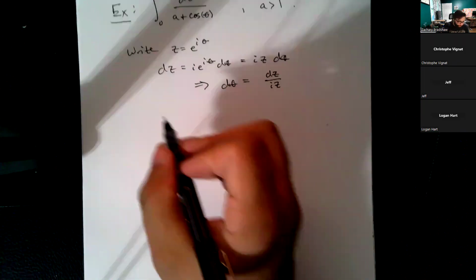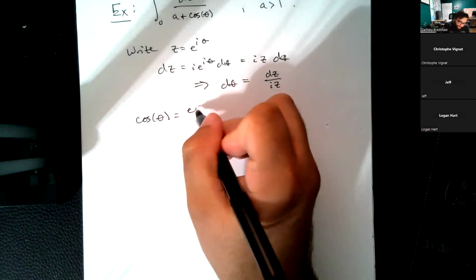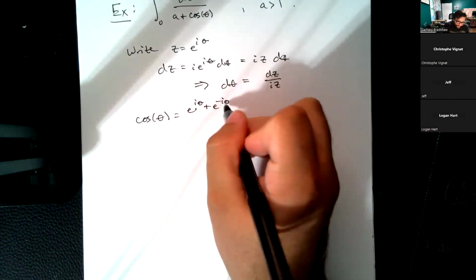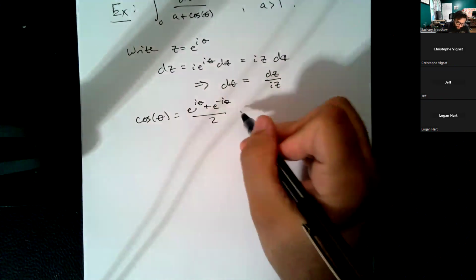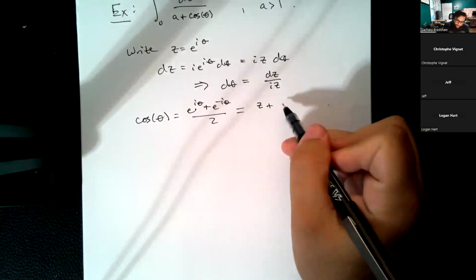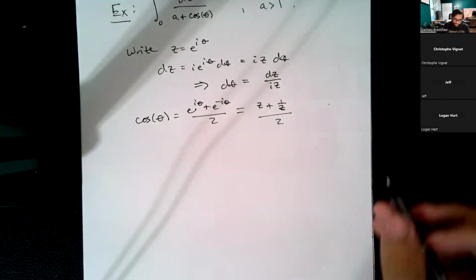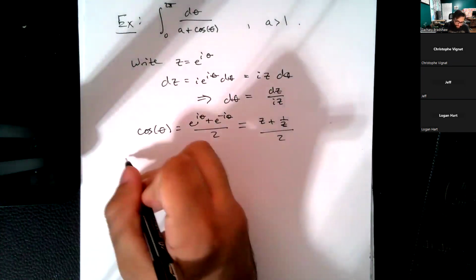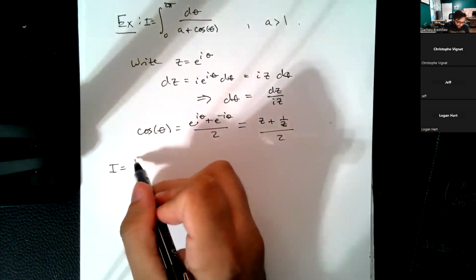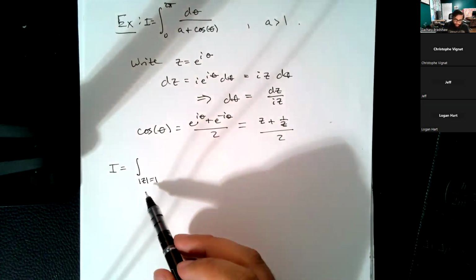Okay, so we can write cosine of theta as e to the i theta plus e to the minus i theta over 2, which we know is z plus 1 over z over 2. So with this substitution, what our integral becomes is, let's call it I so I don't have to rewrite it. Our integral becomes the integral along the circle of radius 1, right?